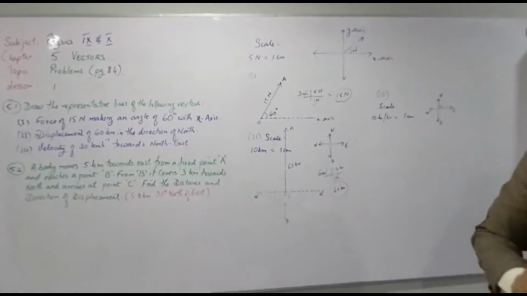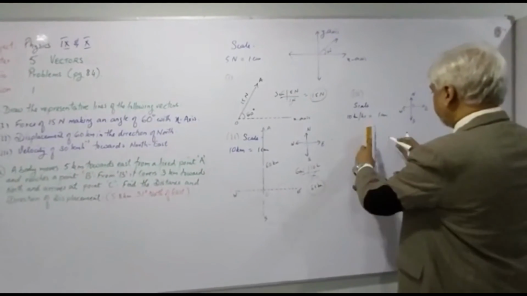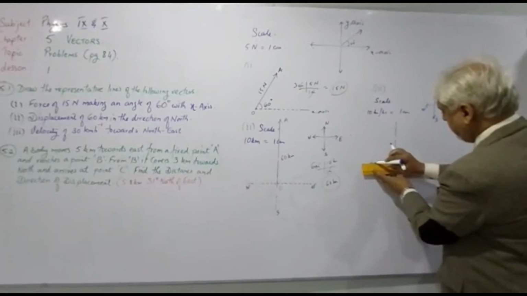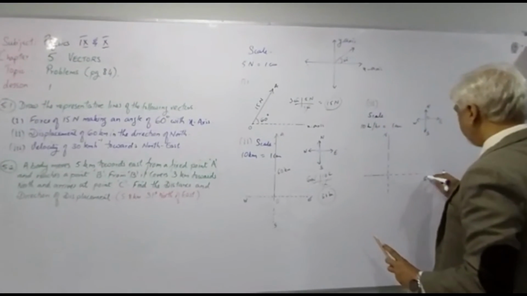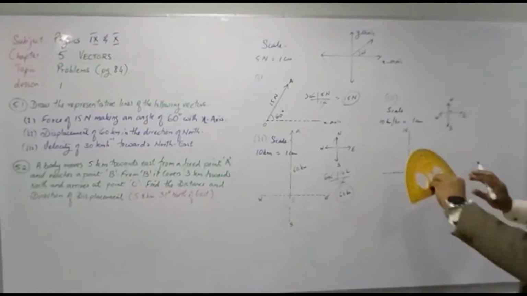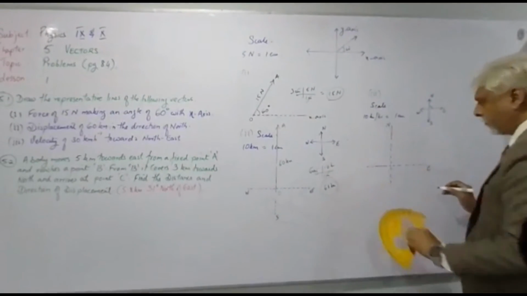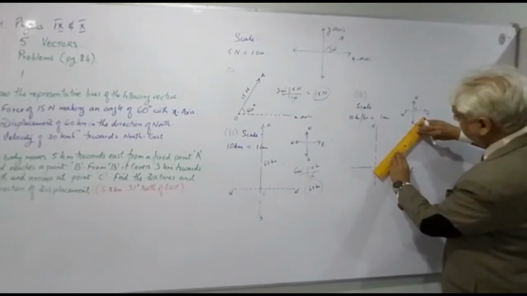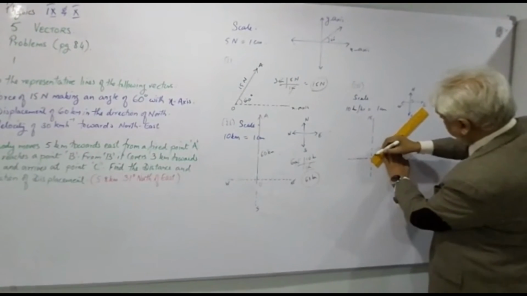So I'm just drawing a rough figure over here. Okay, this is north and this is east. So I have to take 45 degrees over here. 45 degrees would mean this is 45 here. So I'll have to measure 3 centimeters along this line, and 3 centimeters would be somewhere around here.